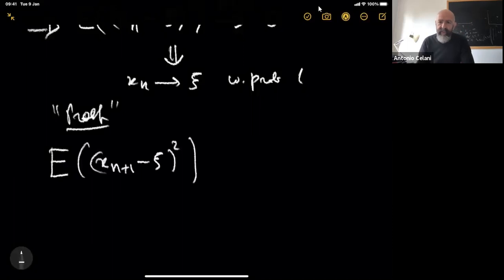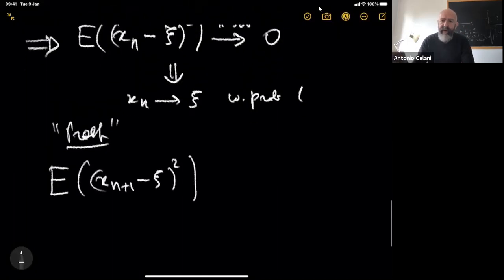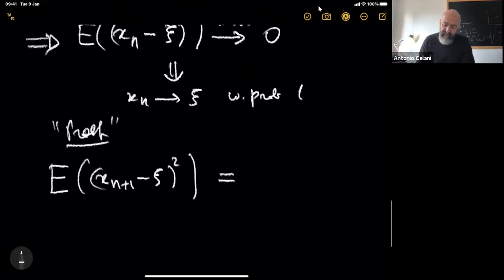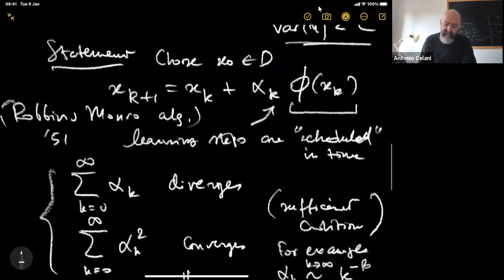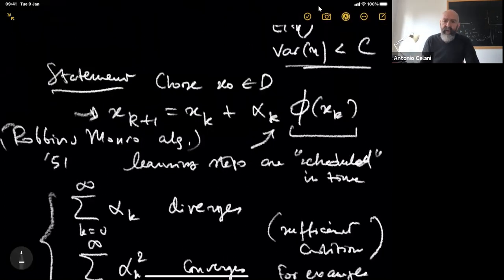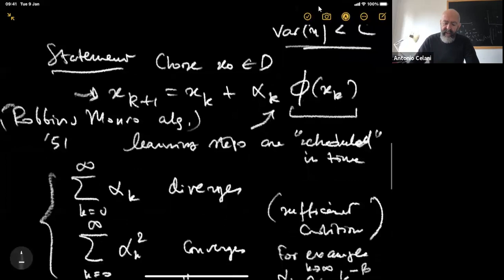Okay, so this is the same object as before, just one step after. And now, by definition of the algorithm, I'm going to replace this object here. I'm going to put inside exactly this expectation.